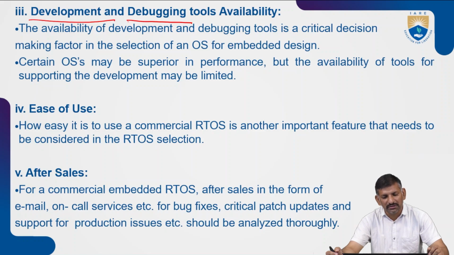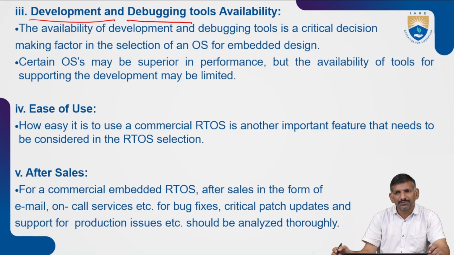Certain operating systems may be superior in performance, but the availability of tools supporting development may be limited. So we can check the limitations, the cost and the availability.